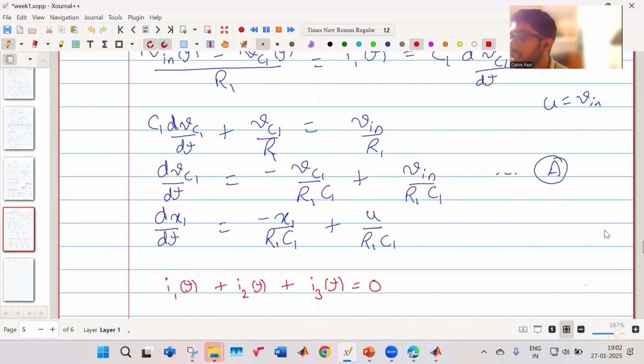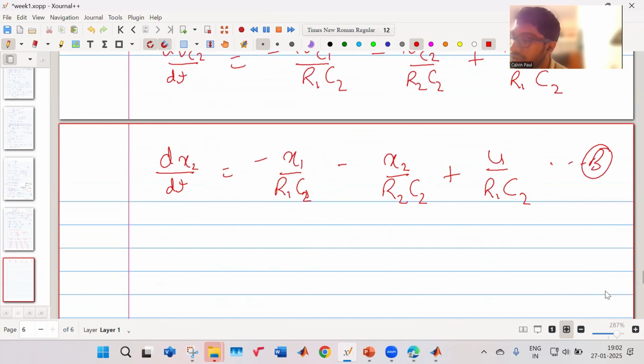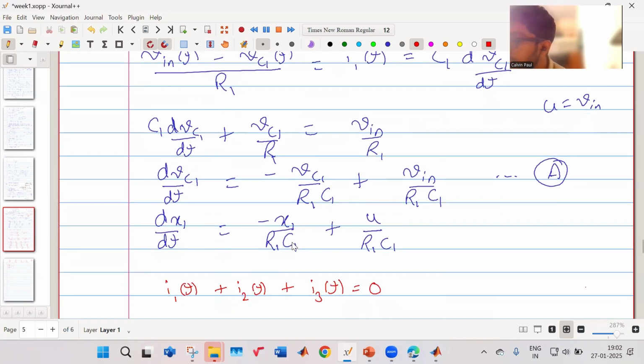So we have our equation A, we have our equation B. In this we will write the state space equation. So we will write dx1 by dt and dx2 by dt. What is dx1 by dt? It is minus x1 by R1 C1 plus u by R1 C1.